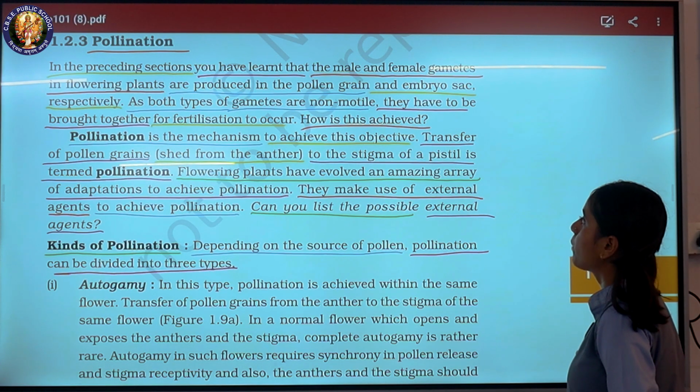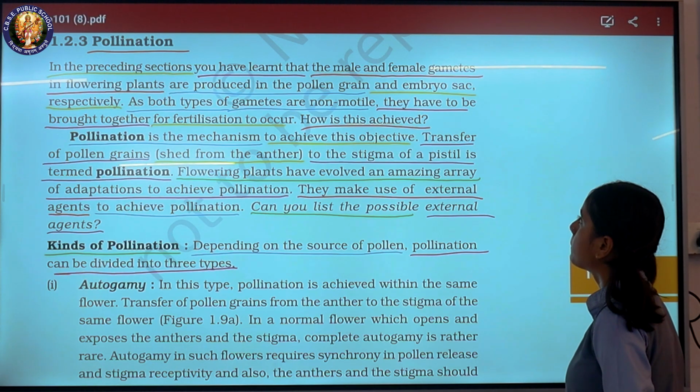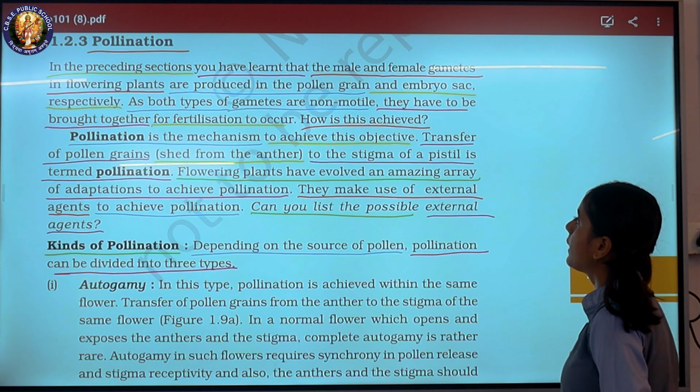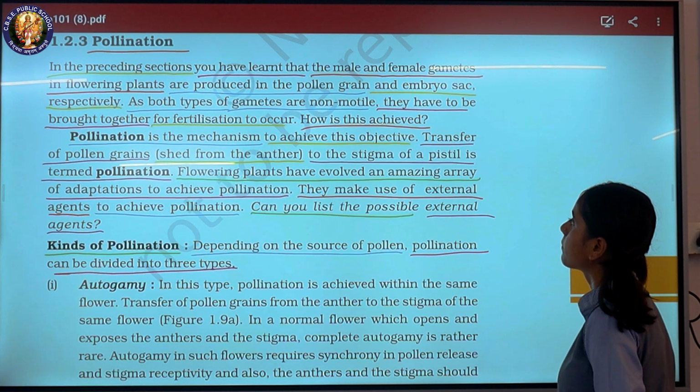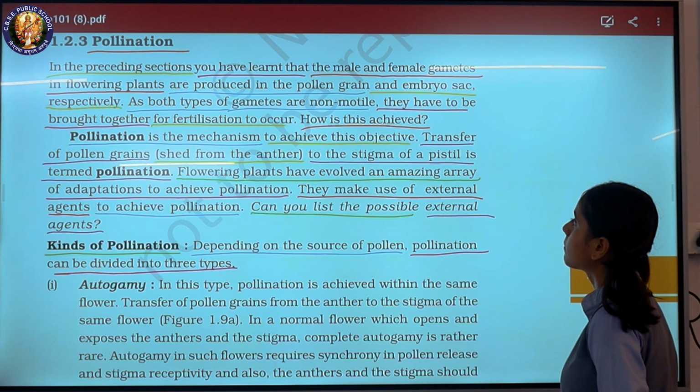As both types of gametes are non-motile, they have to be brought together for fertilization to occur. How is this achieved? Pollination is the mechanism to achieve this objective.